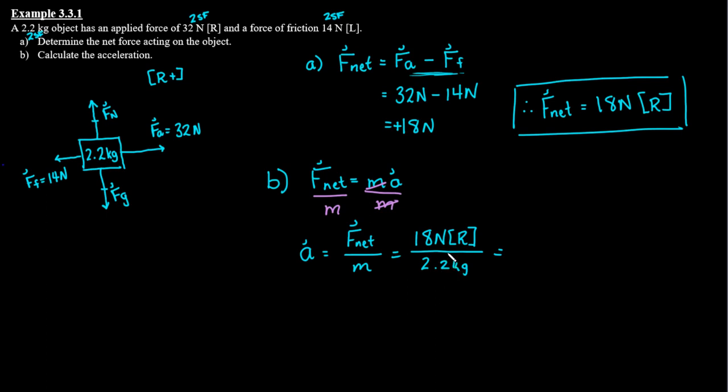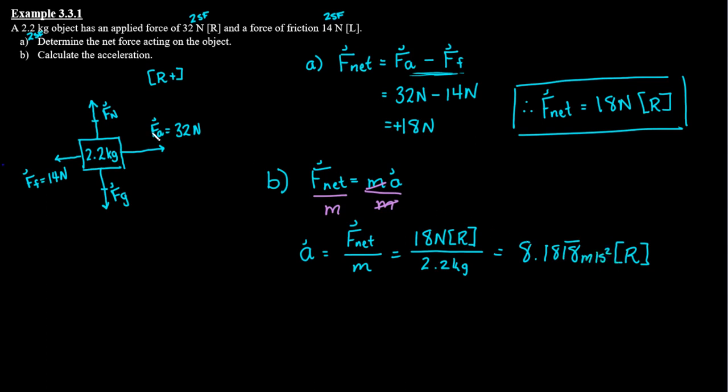Much like when we divided velocity by time to get acceleration, it doesn't change the direction of that vector quantity that you're dividing. So the direction of our acceleration is going to be in the same direction as that net force, which is to the right. Then when you divide 18 by 2.2, I get an acceleration of 8.1818, repeating, meters per second squared.